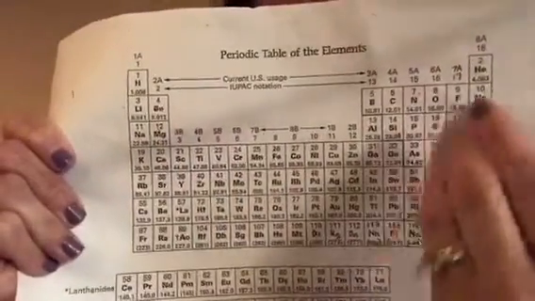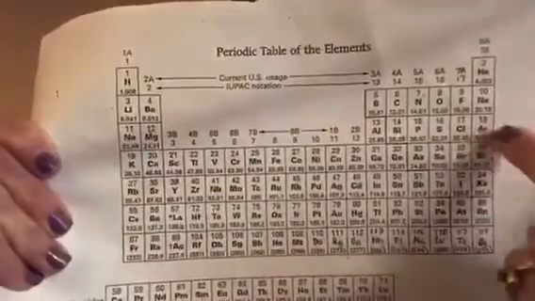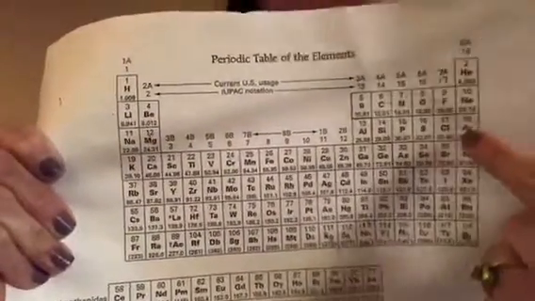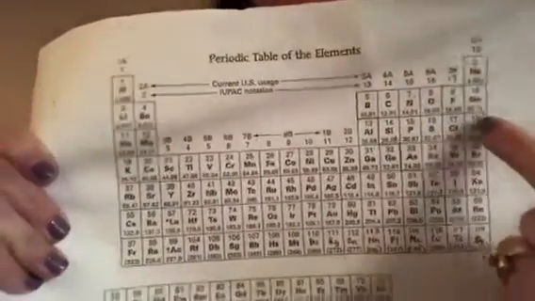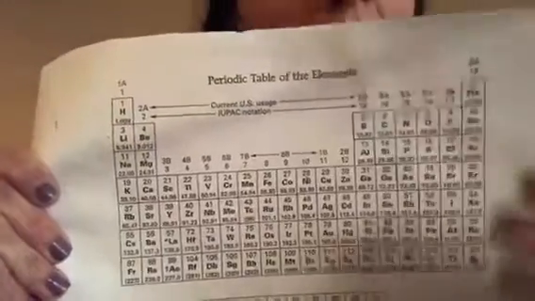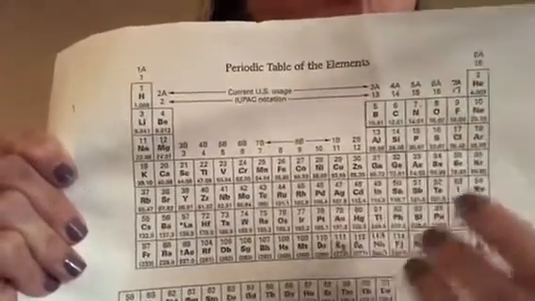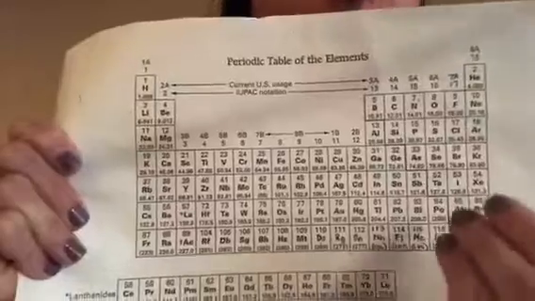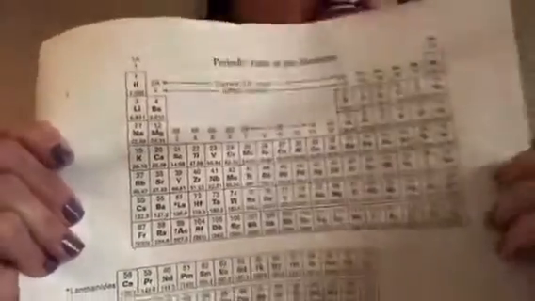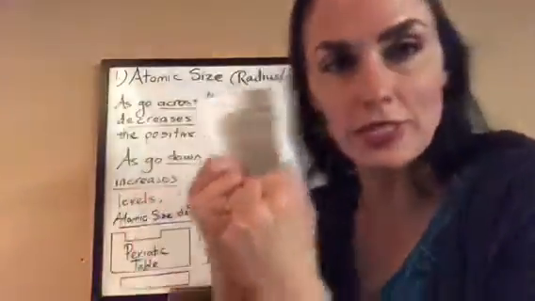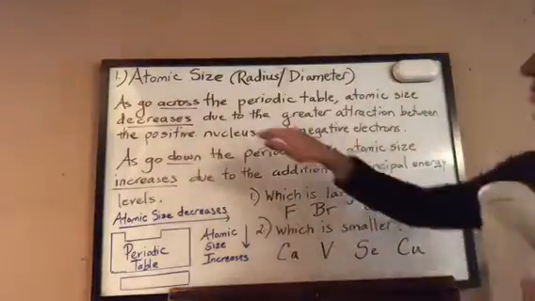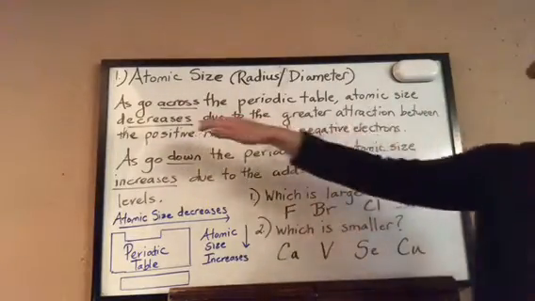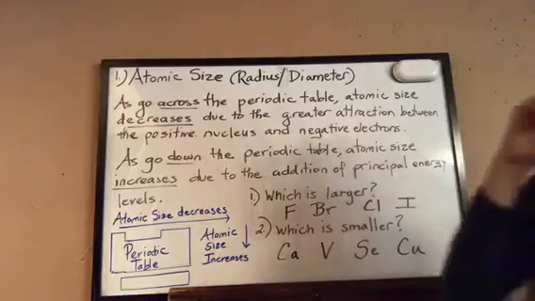When you're going across in the same period, or the same row, you're adding electrons to that same principal energy level. You're packing in more. So there's a greater attraction between those electrons and the nucleus, and they're squishing together tighter. So the radius or the diameter decreases as we go across the periodic table.